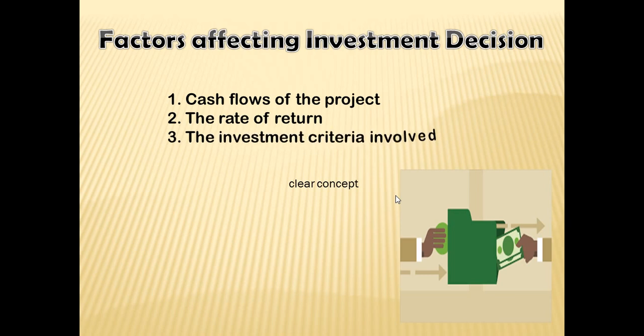Let's move to the first point, that is cash flow of the project. While making a choice of the capital structure, the future cash flow position should be kept in mind. Debt capital should be used only if the cash flow position is really good, because a lot of cash is needed in order to make payment of interest and refund of capital.